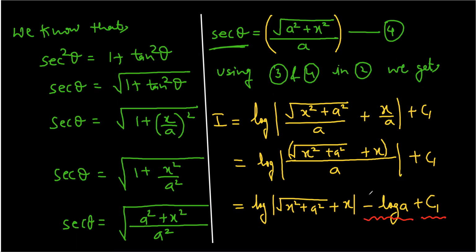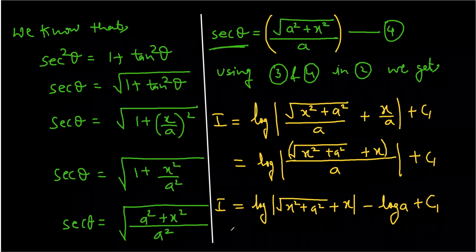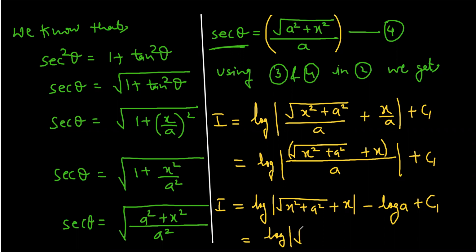So this whole constant I shall replace by another constant which I will write as c. That was the reason earlier I wrote c1. So I get log of square root of x square plus a square plus x plus c, where c is minus log a plus c1.